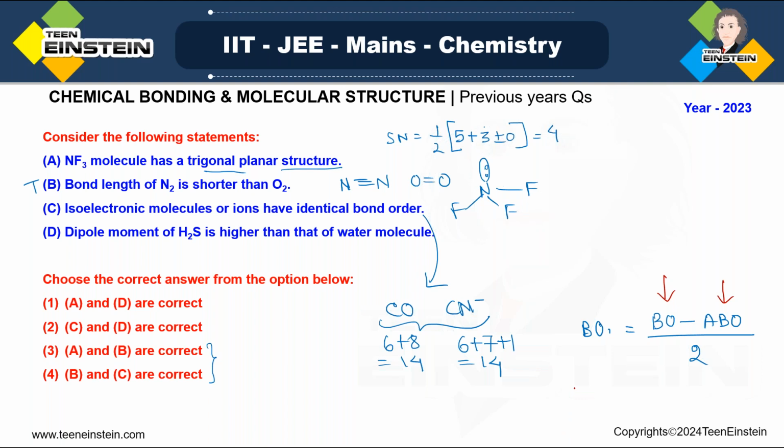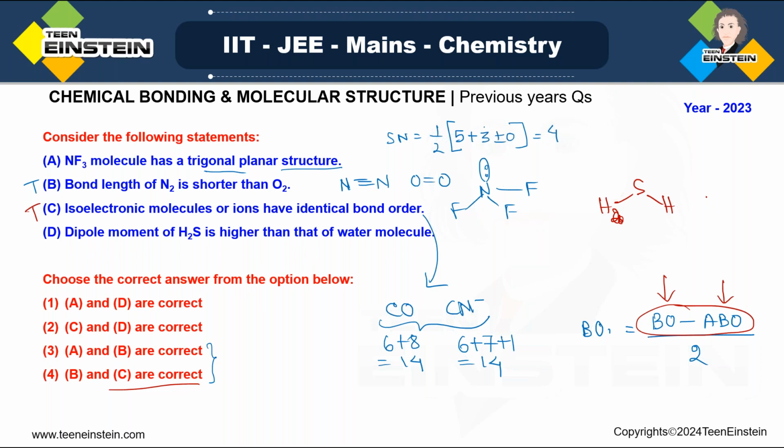That is not necessary. But overall, after subtraction, the number will be such that it will always be the same for isoelectronic species. So that is why this is correct. So B and C, these two are correct. The last statement is obviously not correct. It is saying that the dipole moment of H2S.